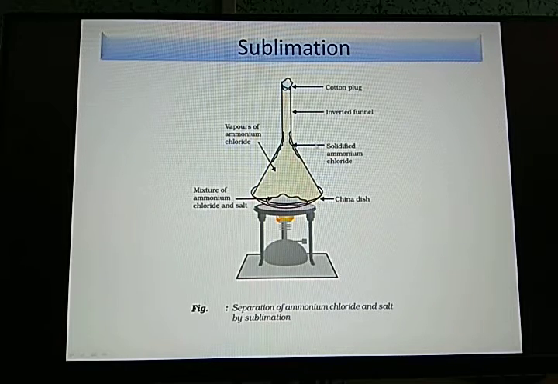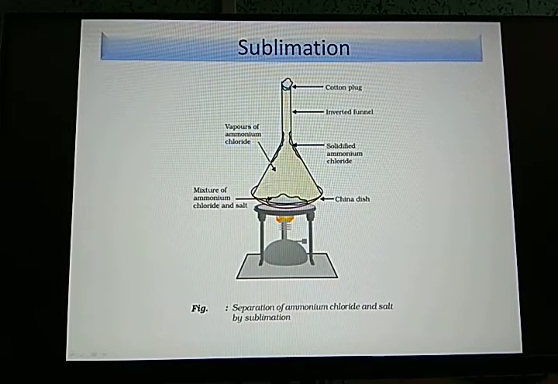The temperature is less as compared to the temperature at the bottom near the china dish. So here it will cool down and these vapors of ammonium chloride will solidify. On the walls of the inverted funnel we can see that the ammonium chloride has solidified. Clear?